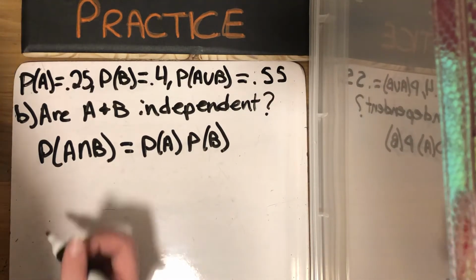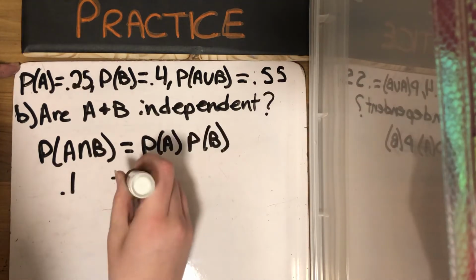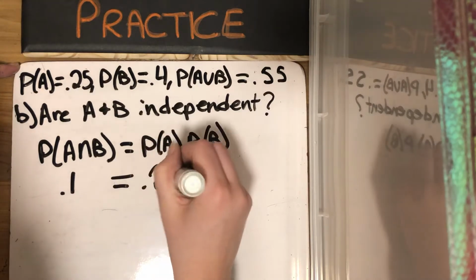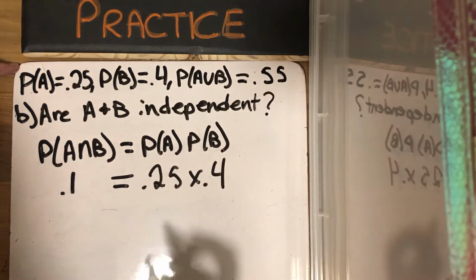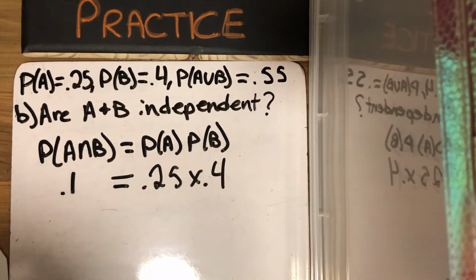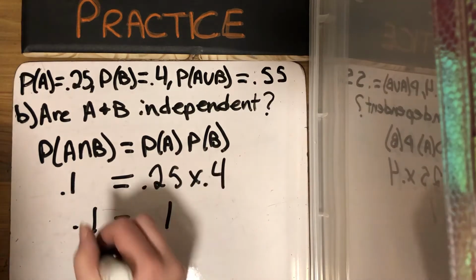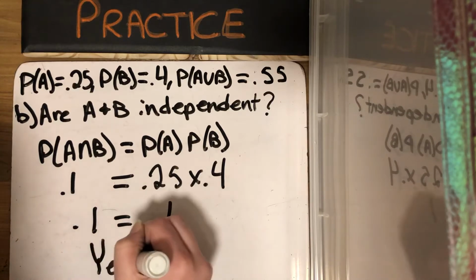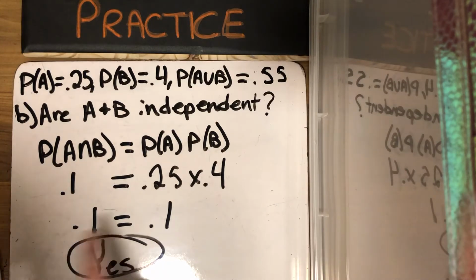We know from part A that the intersection of A and B is 0.1. 0.25 times 0.4 is 0.1. So the answer is yes, these two events are independent because the equation holds.